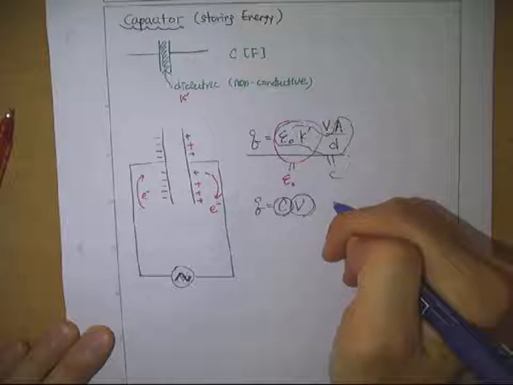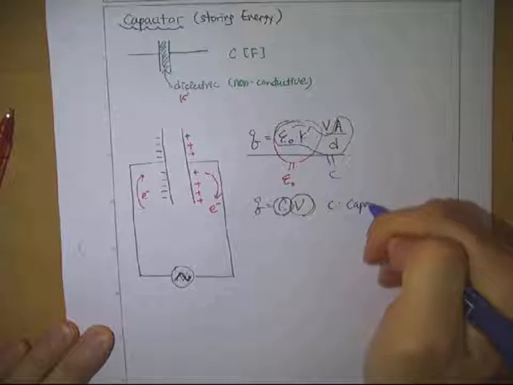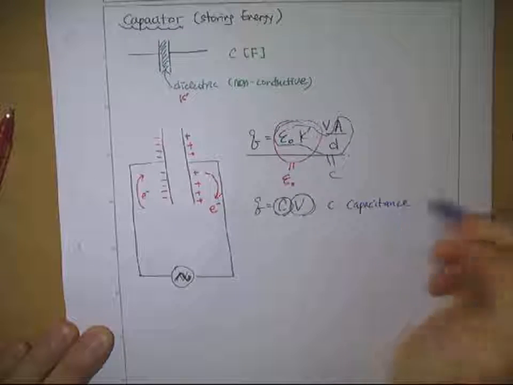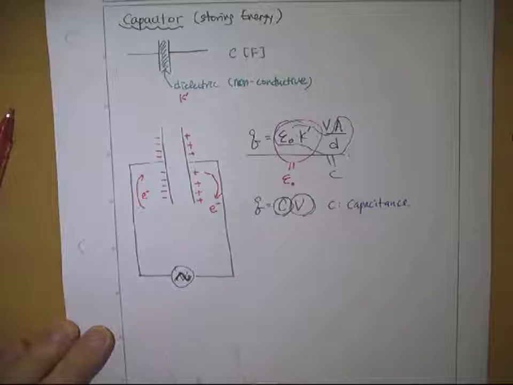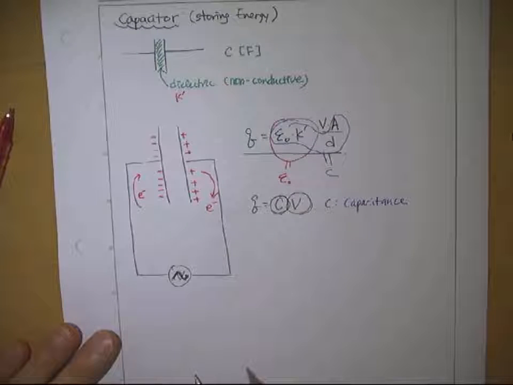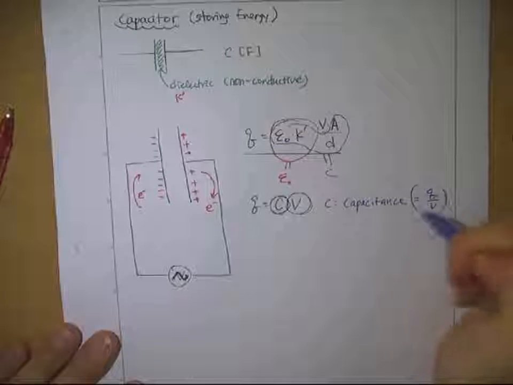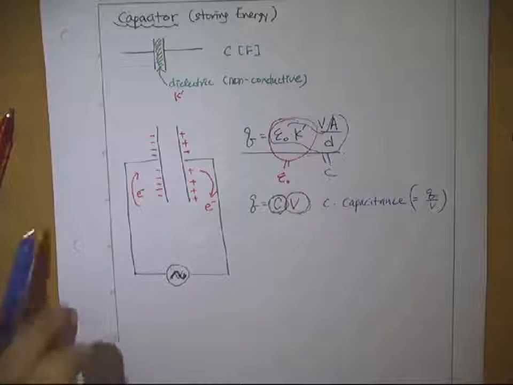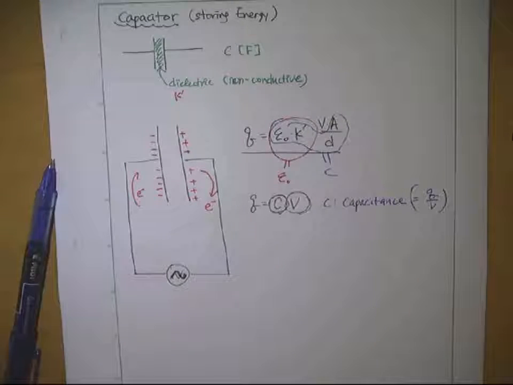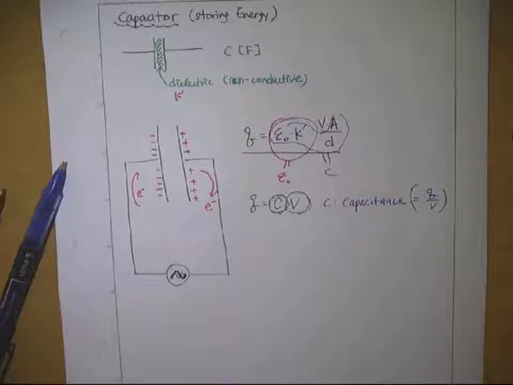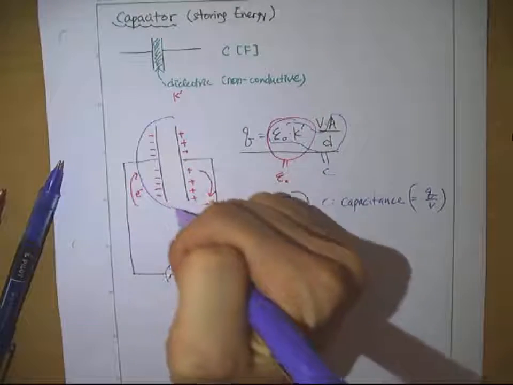So C is the capacitance, and that's the same as Q over V. So this is the capacitor.